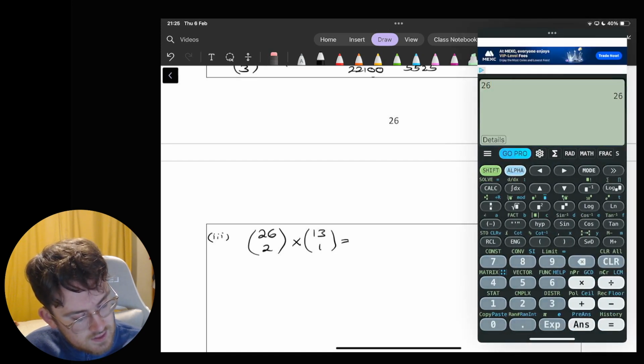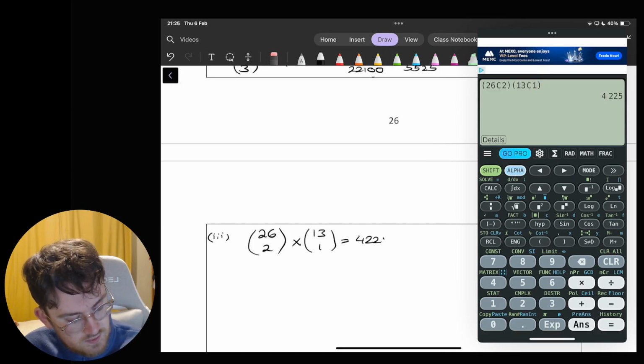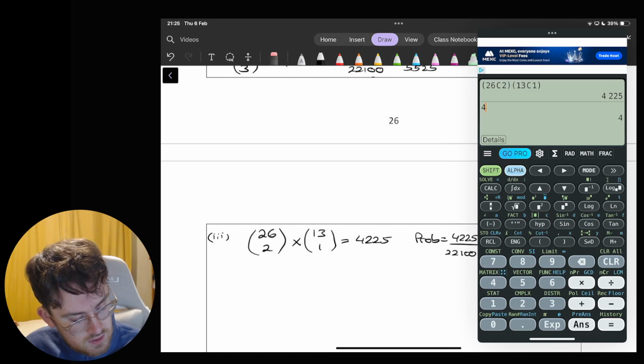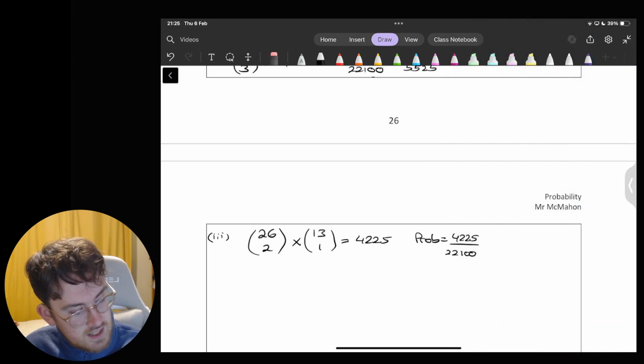So 26 choose 2 times 13 choose 1 is 4,225. So the probability of this happening is that out of the total outcomes, which is 22,100. And again, we can simplify that to 13 out of 68 here.